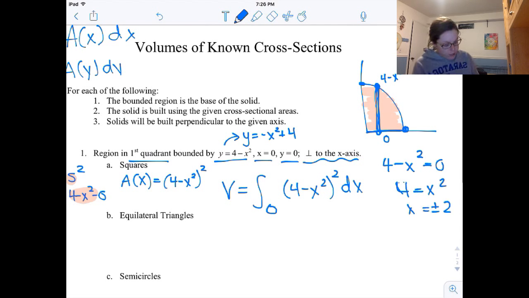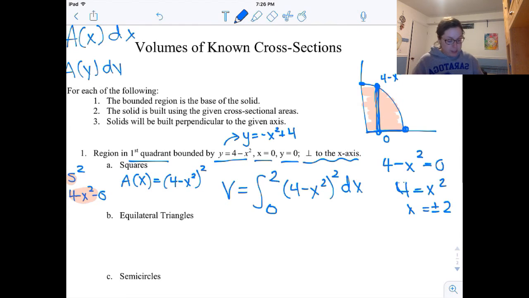We're in the first quadrant, so it's 2. So the volume of this shape, where squares are built on top of this region, is the integral from 0 to 2 of 4 minus x squared, quantity squared, dx.